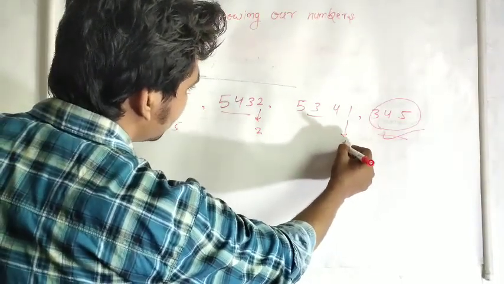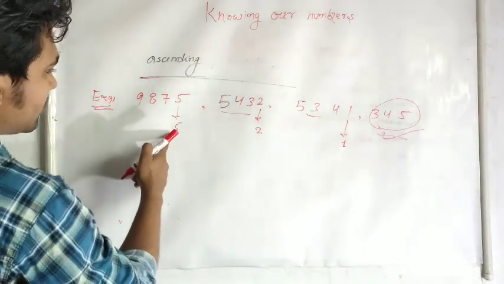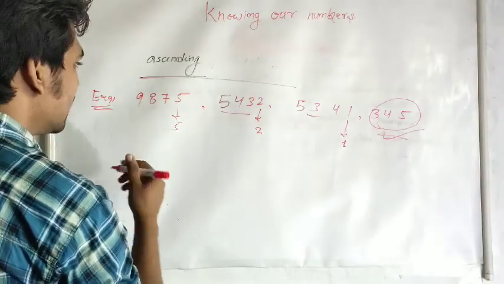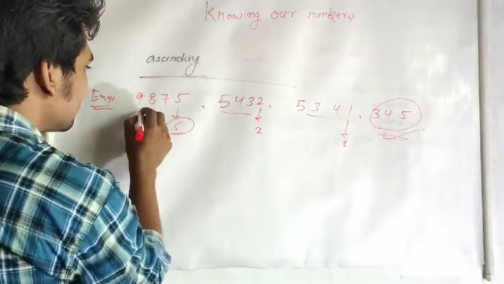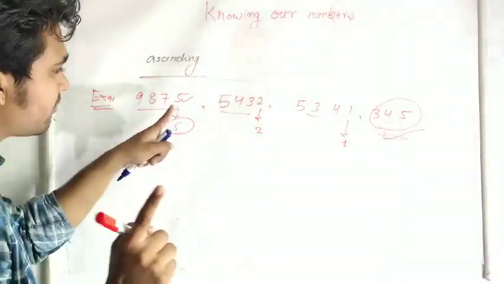So 5 is greater than 2 and 1. At the unit place, this 4 digit number is greater.